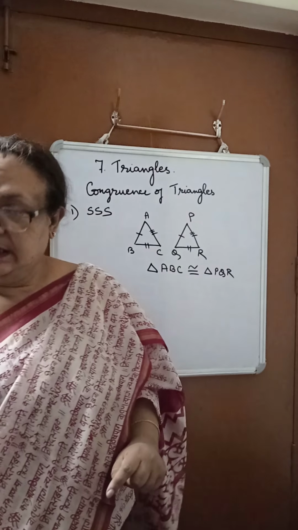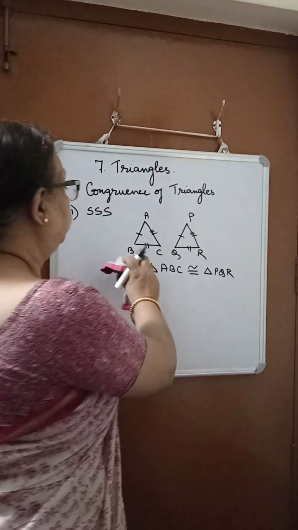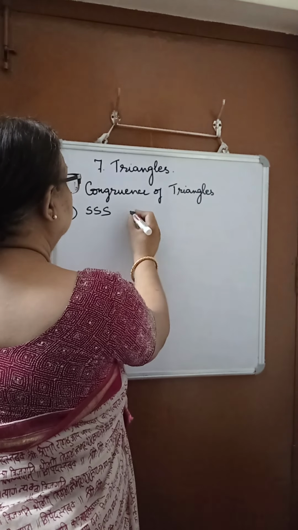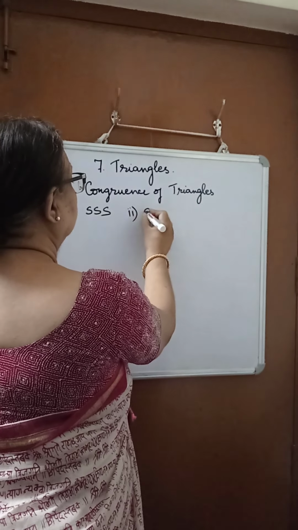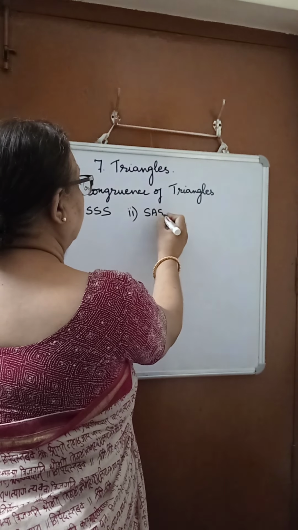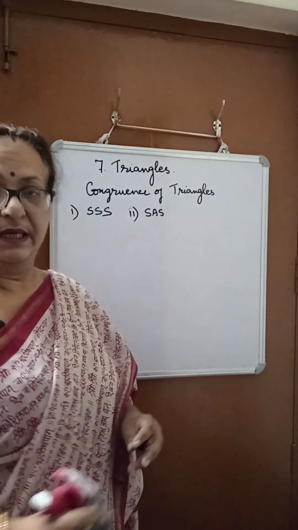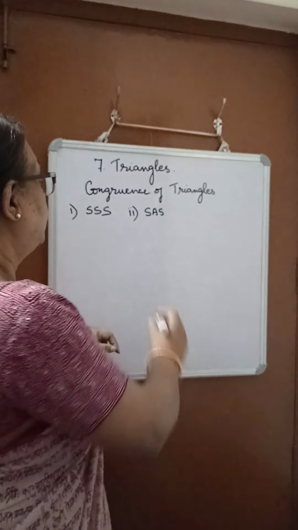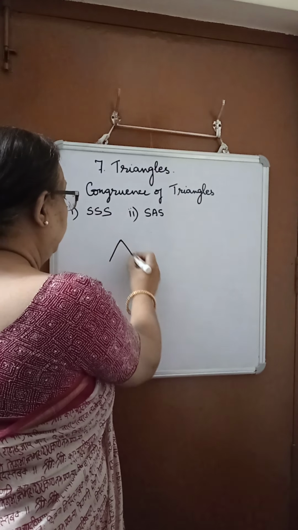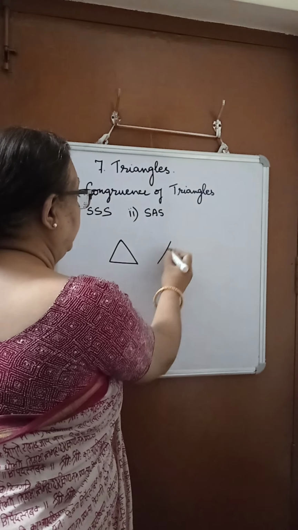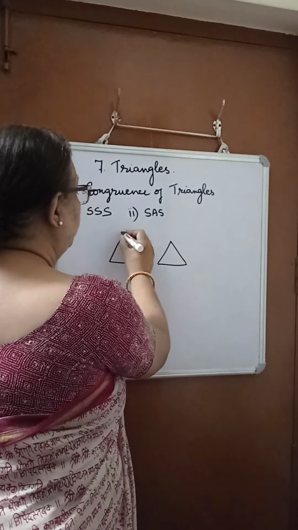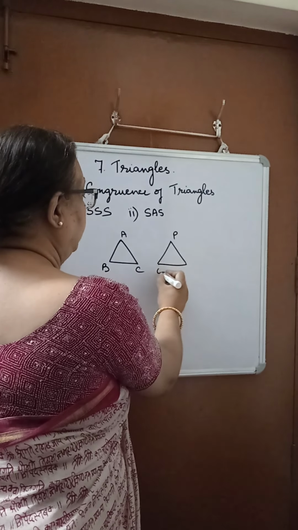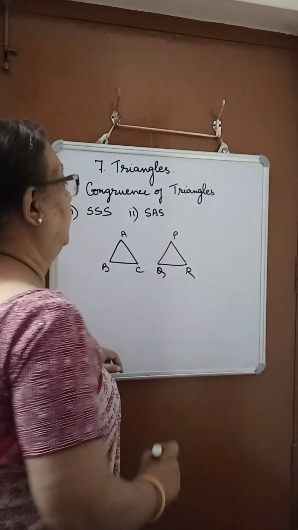Okay. The second rule is SAS, side angle side. Now what does this mean? Again, you have two triangles, say ABC and PQR.